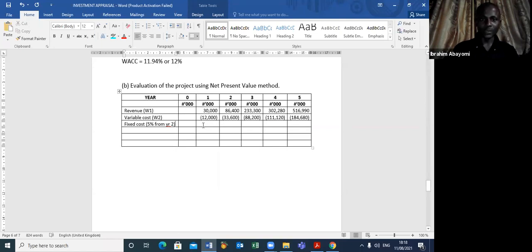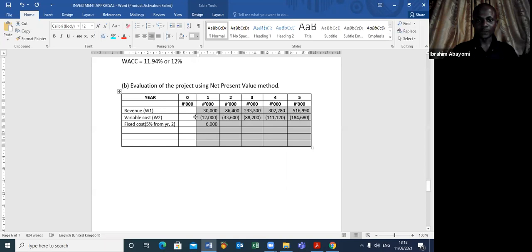So year 1, the figure is 6 million, which is 6,000. Then I format all these things.